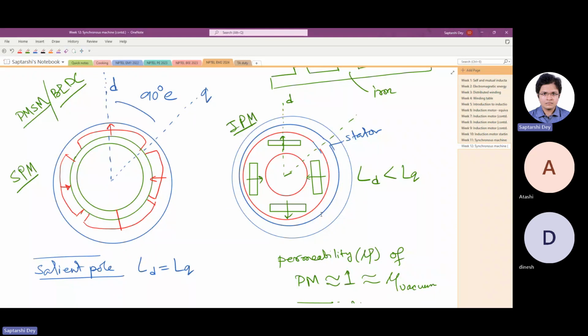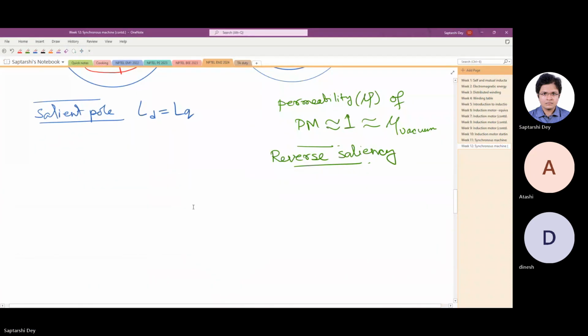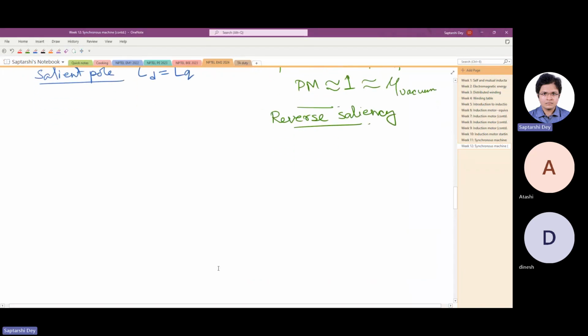Okay, sorry for that. So yeah, this is done. One last thing we will discuss about starting of synchronous machine. Starting of synchronous machine.